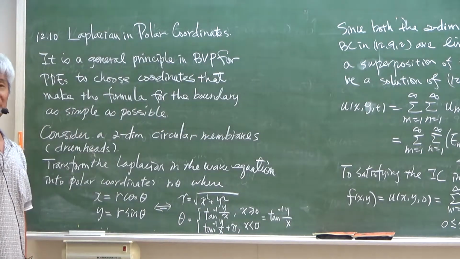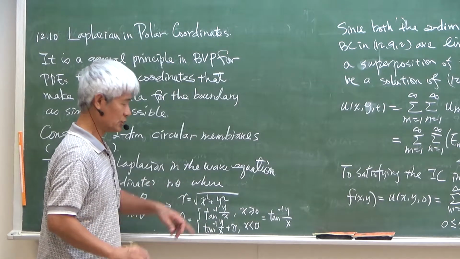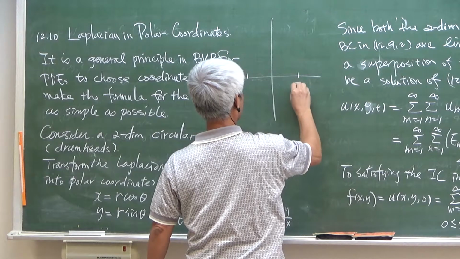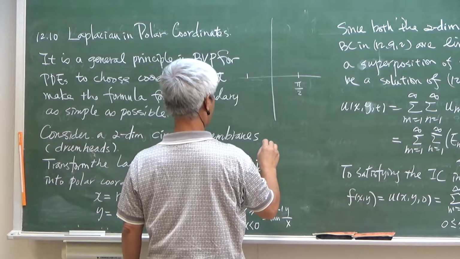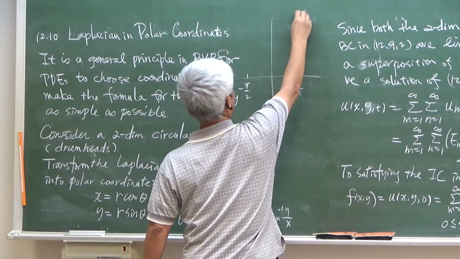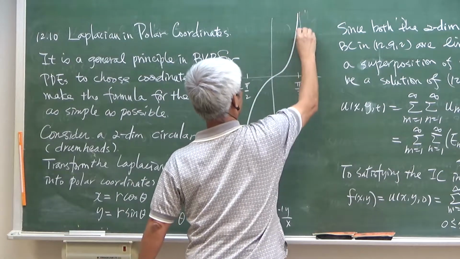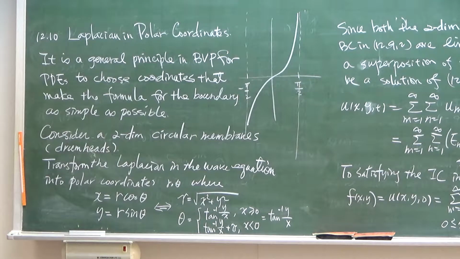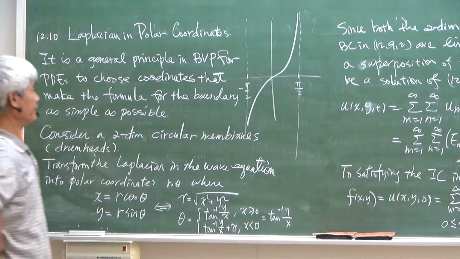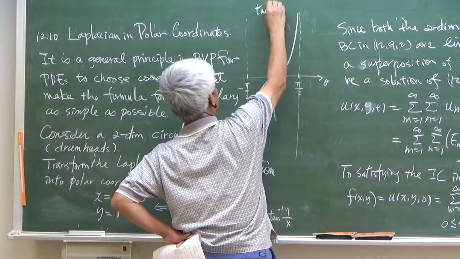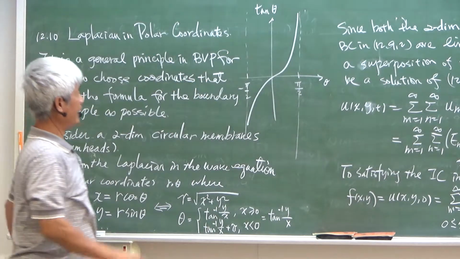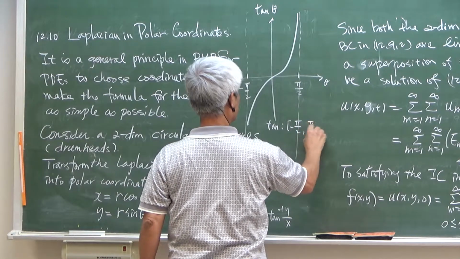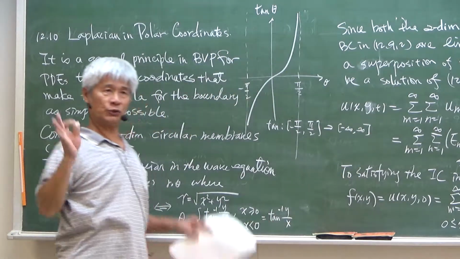Sometimes people just write arctangent of y over x; it's a shorthand notation. Think about the tangent function, which maps from minus pi over 2 to pi over 2, onto minus infinity to infinity.